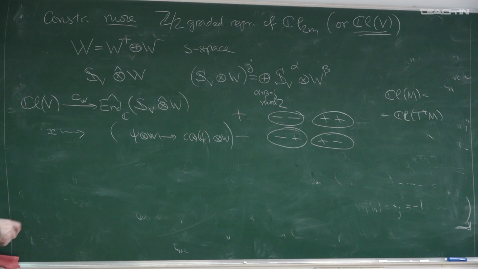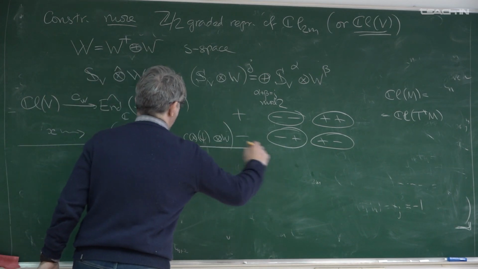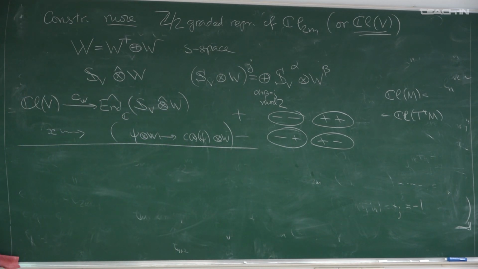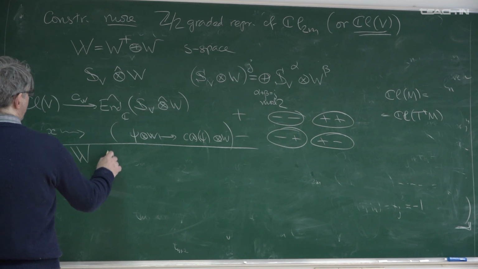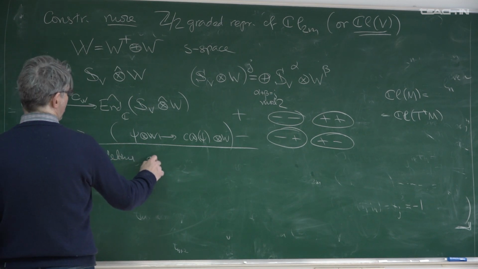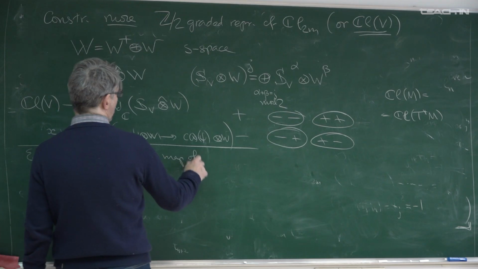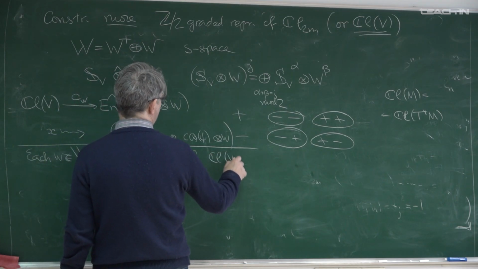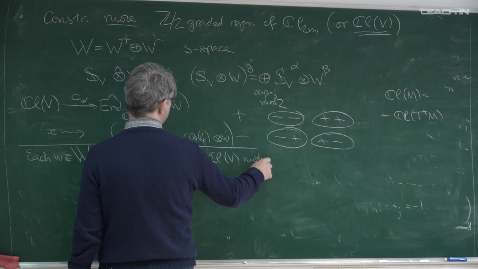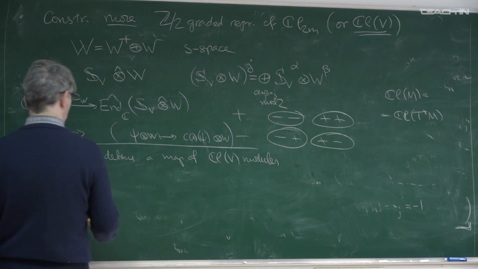But let me make this stuff more complicated. Each w, which belongs to the vector space W, defines a map of modules. Which modules?